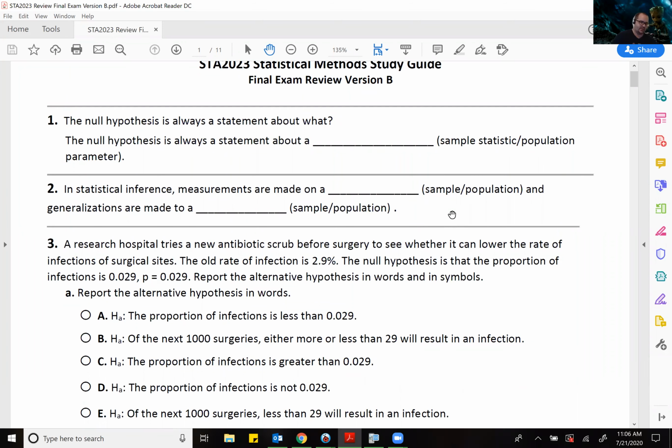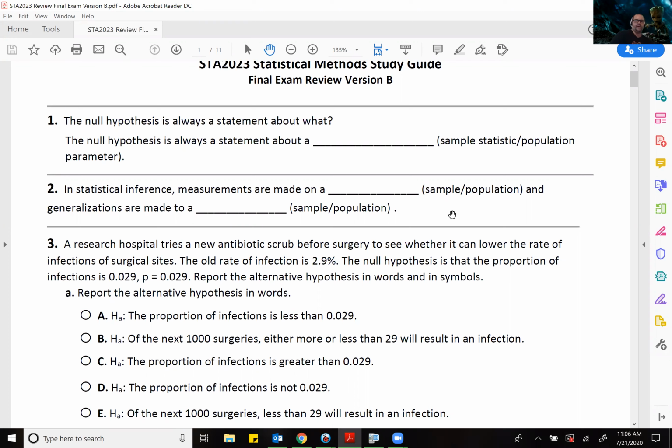Okay, number 2. This one is jumping back into 7.1. So it's kind of jumping around a little bit on you, but for the most part, I promise you, it's generally in order. All right, so number 2 says, in statistical inference, measurements are made on blank, sample or the population, and generalizations are made to a blank. Okay?